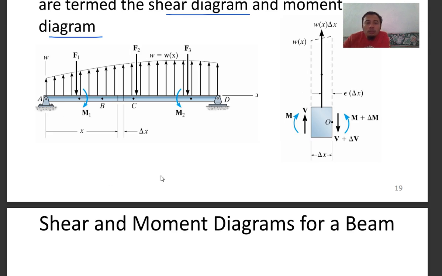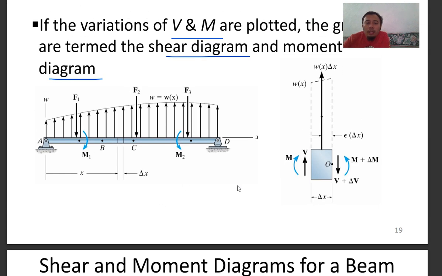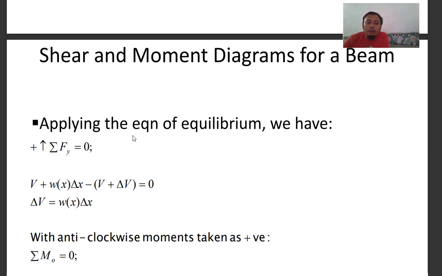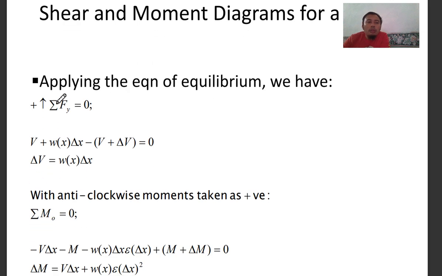So basically, it is the analysis of an element at each point of the beam. At each element we analyze the shear and moment value of the beam. When you apply the equation of equilibrium, we have summation of Fy is equal to 0.